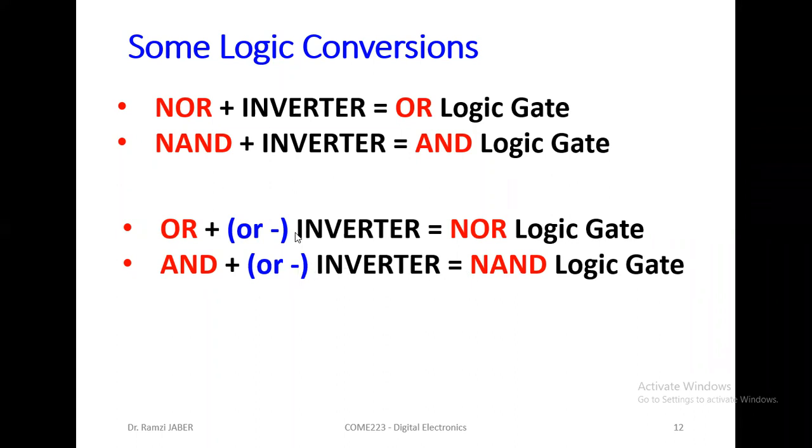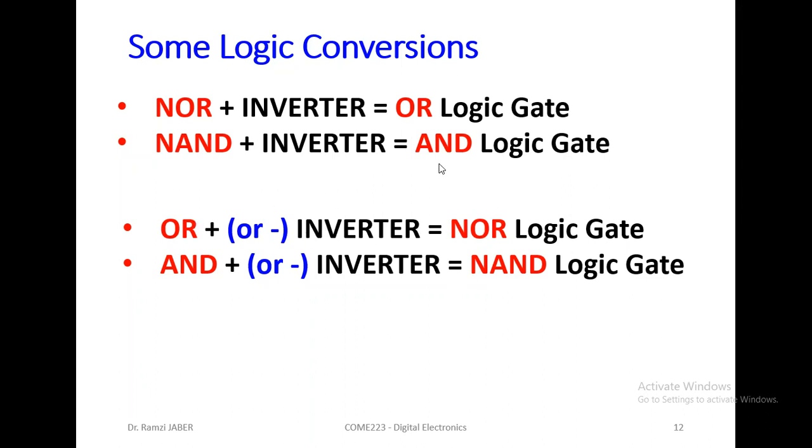So any logic gate, if you add an inverter or remove an inverter from it, gives you the opposite. Okay, plus or minus. So OR plus inverter gives us NOR, NOR minus inverter gives us OR. So plus inverter or minus inverter, the output is opposite.